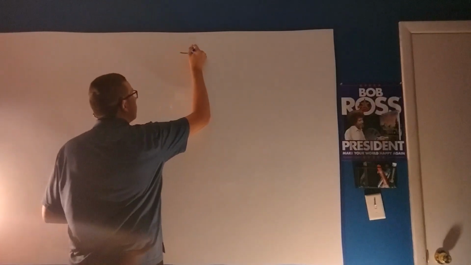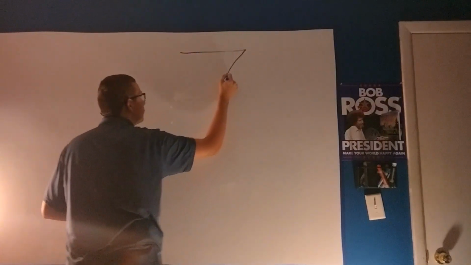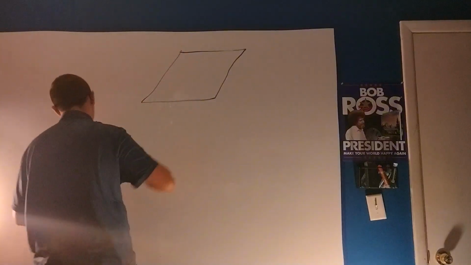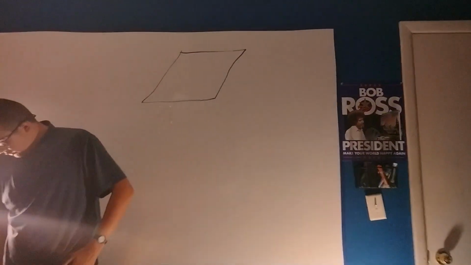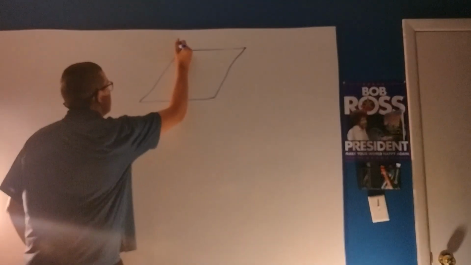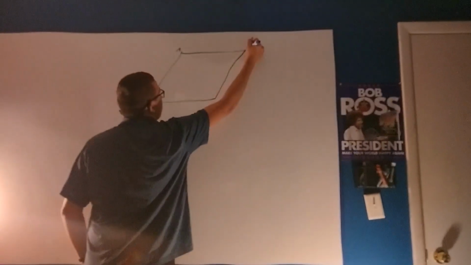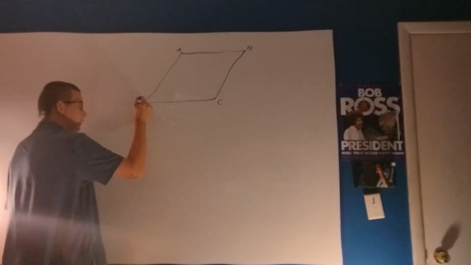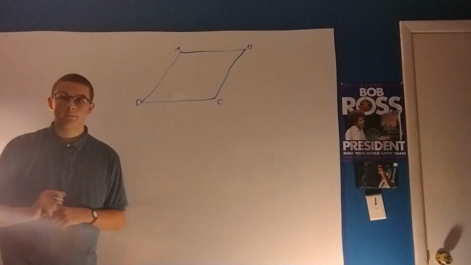Okay. And we're going to start here with a parallelogram, like this. All right. And we're going to be given that, well, first I should probably label it A, B, C, and D, like that.